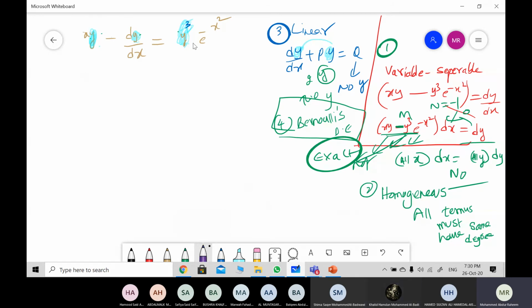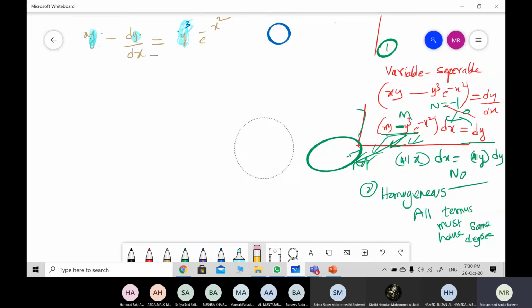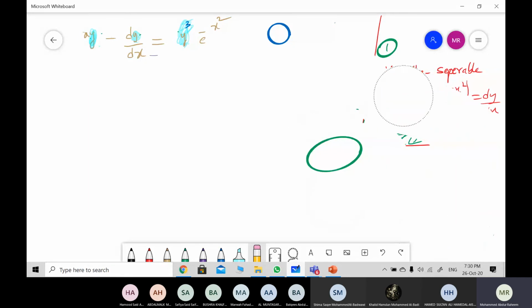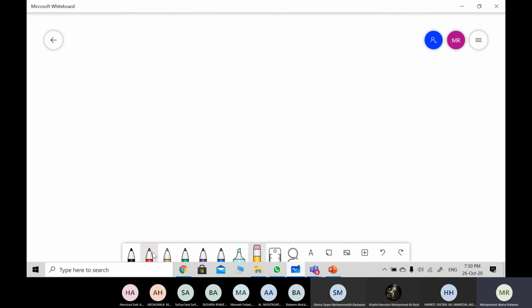Now here y cube, but this is not in standard form. The Bernoulli standard form, what is that? If you don't have the standard form in mind, you can't do anything.